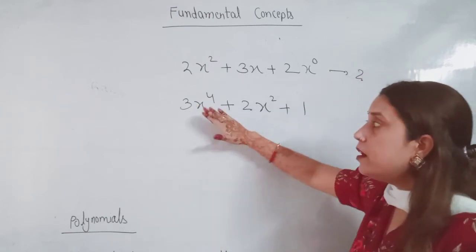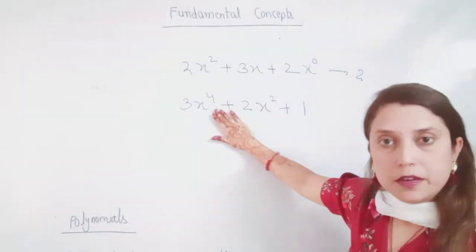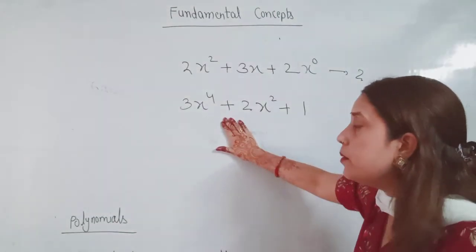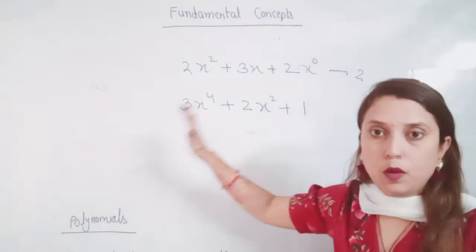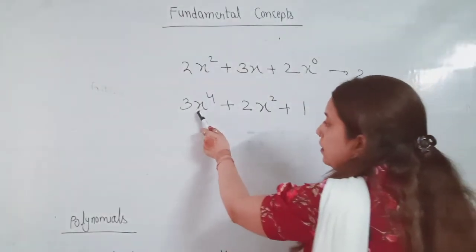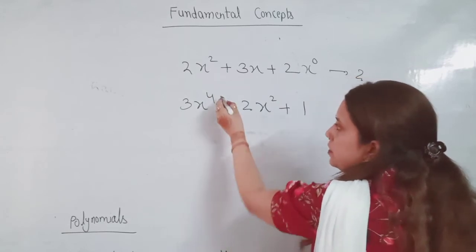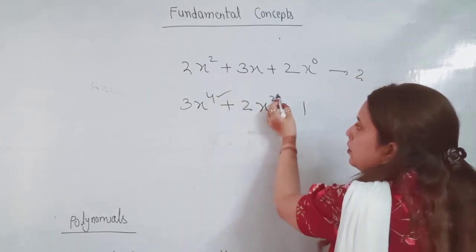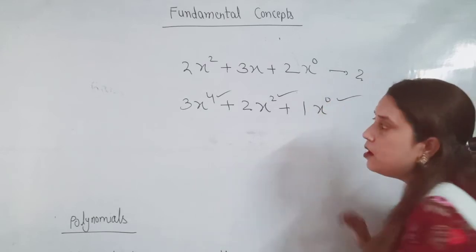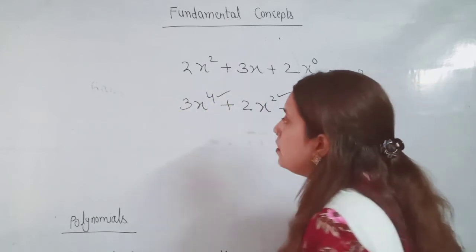We check the degree of the variable in each term. If the degree of the variable is a whole number, then the given expression will be a polynomial. X raised to the power 4, 4 is a whole number. X raised to the power 2, 2 is a whole number. 1 we can write as x raised to the power 0, 0 is a whole number. So this is a polynomial.